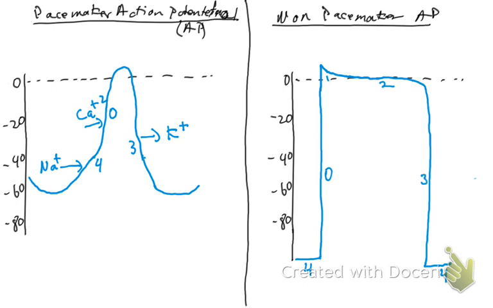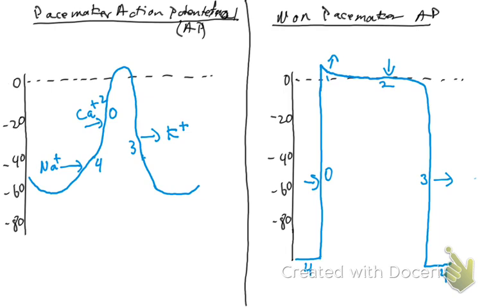I'm going to put who is coming in, and then you will determine the electrolytes. In phase 0 it is coming in, in phase 1 it is coming out, in phase 2 it is coming in, and in phase 3 it is coming out.